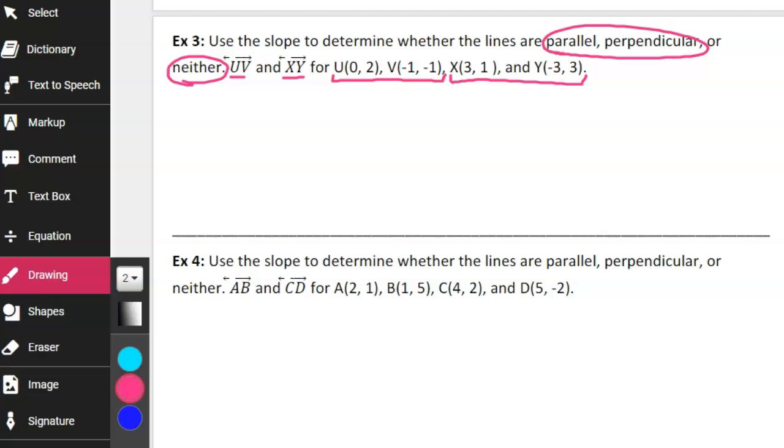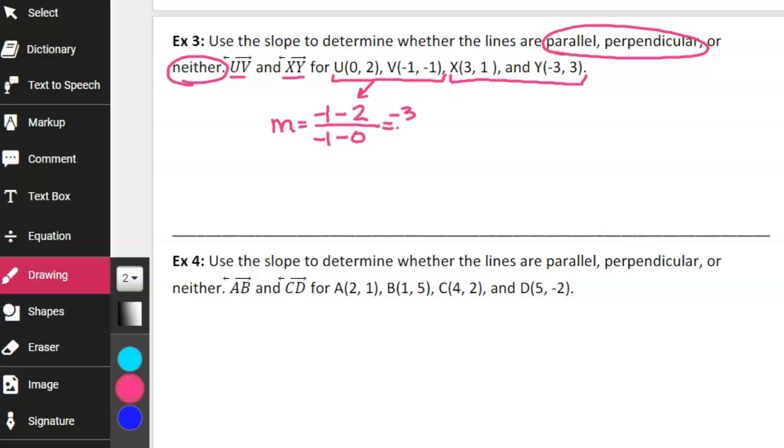If the slopes are the same, the lines are parallel. If the slopes are negative reciprocals, then the lines are perpendicular. If the slopes don't have either of those relationships, then they're neither parallel nor perpendicular. So let's try this out. y2 minus y1 over x2 minus x1.